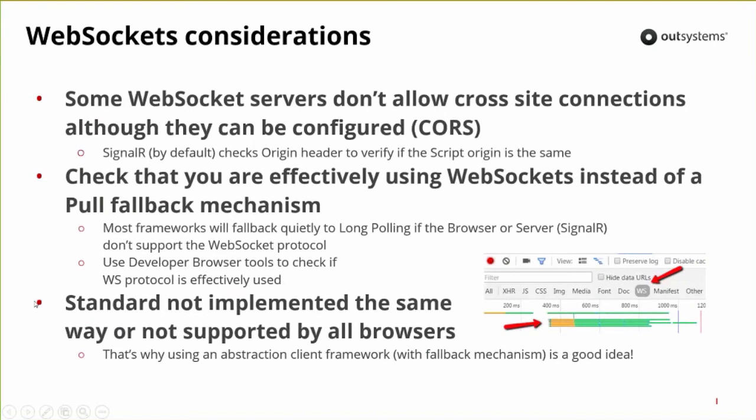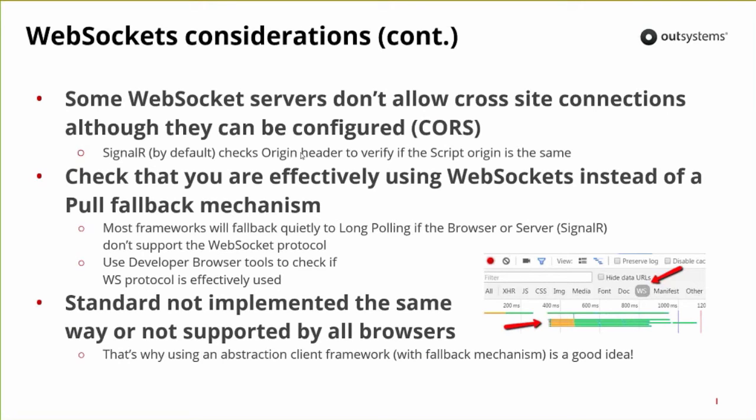If you're implementing a self-hosted WebSocket farm, you will have to take into account the cross-site support. For example, SignalR by default checks the origin header to verify if the script origin is the same. Special care has to be given to configure SignalR to allow cross-site connections.